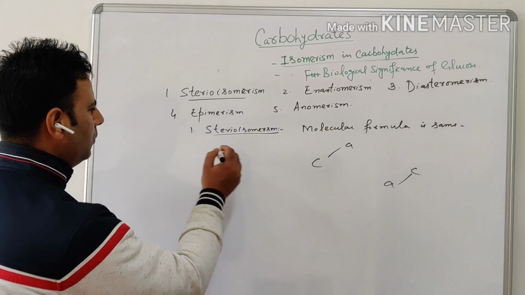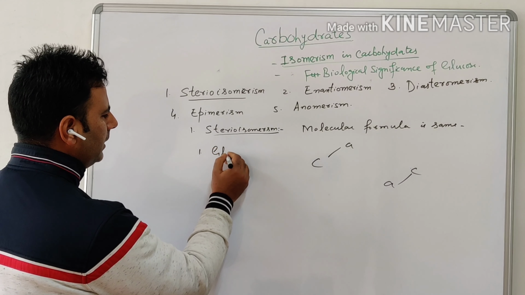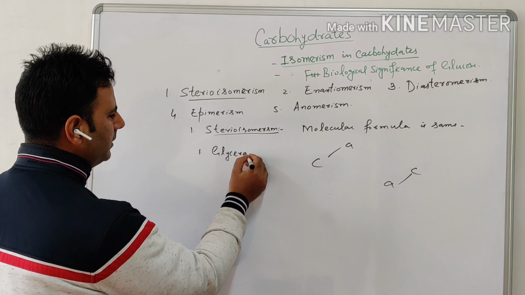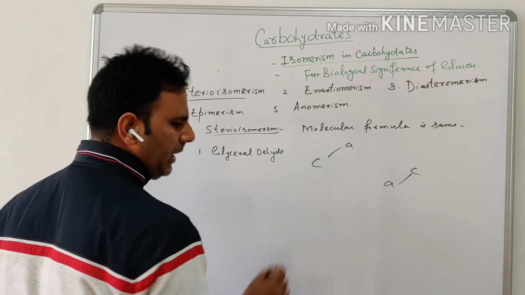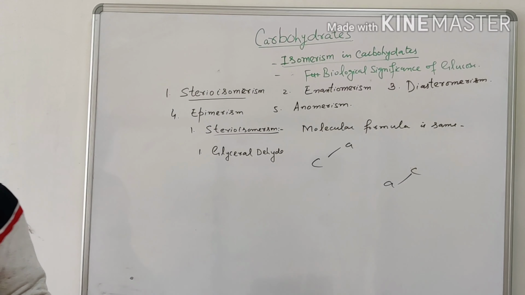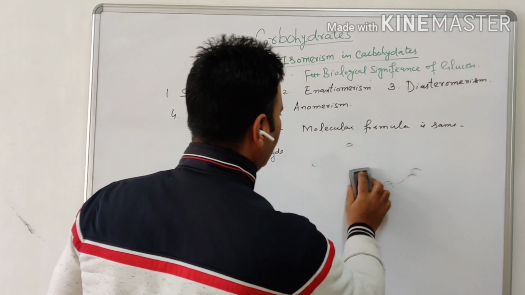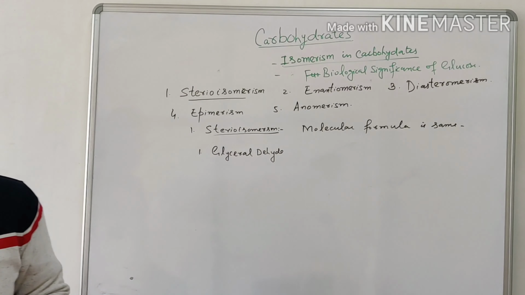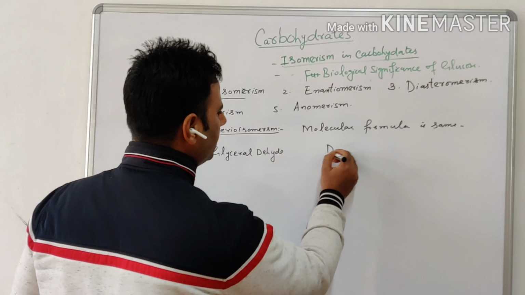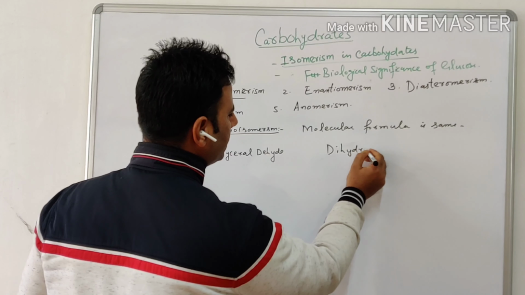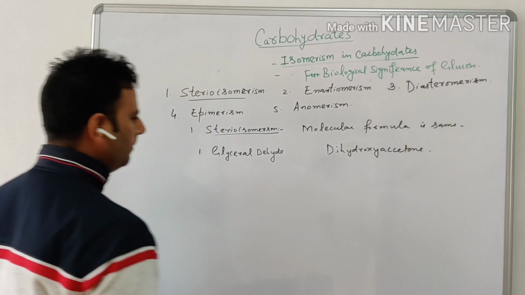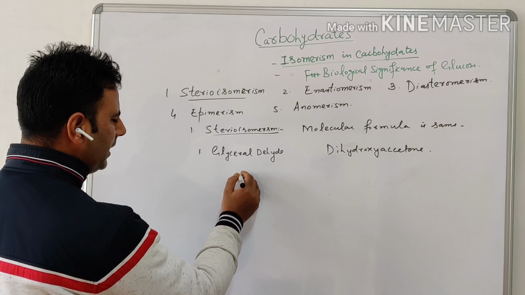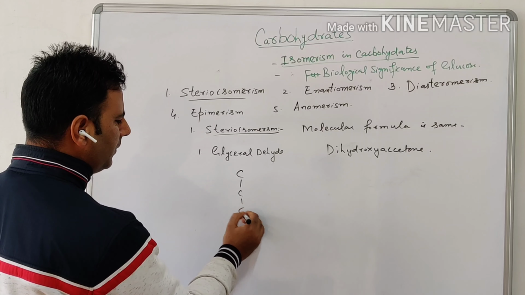I will quote one example. We have glyceraldehyde and dihydroxyacetone. Both have the same molecular formula. But when we make glyceraldehyde, it is carbon 1, 2, 3.